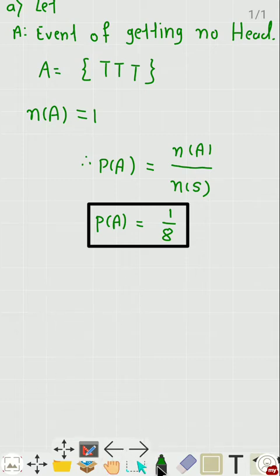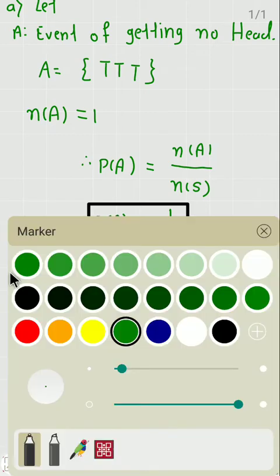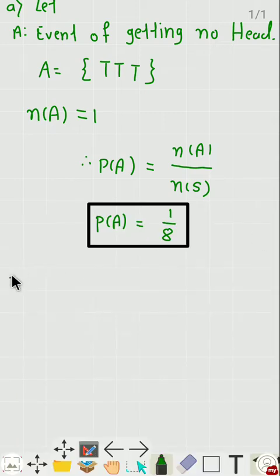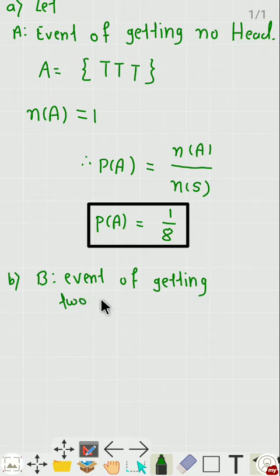Now go to the second case, case B. Let B be the event of getting two heads.